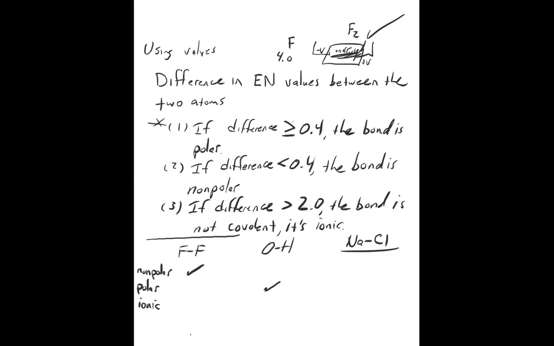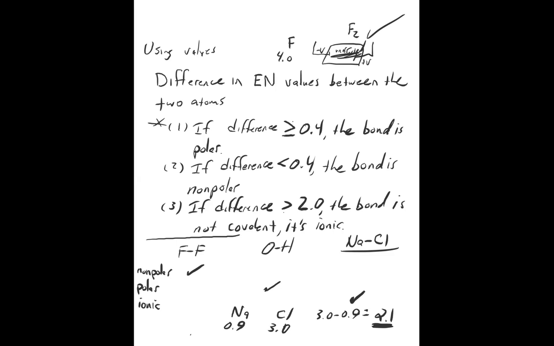But if we look at this table, sodium is 0.9 and chlorine is 3.1, or 3.0, I'll use 3.0. Okay, let's do our difference. 3.0 minus 0.9, what do you get? You get 2.1. So right there, that's greater than 2, right? If it's greater than 2, it's ionic.